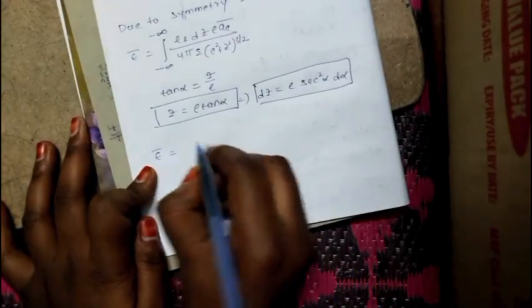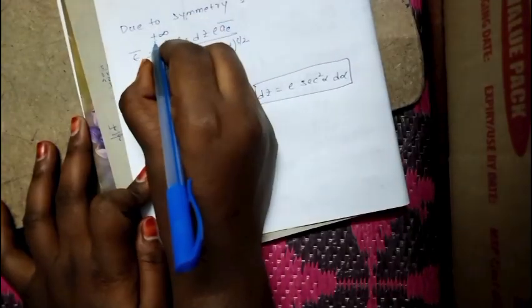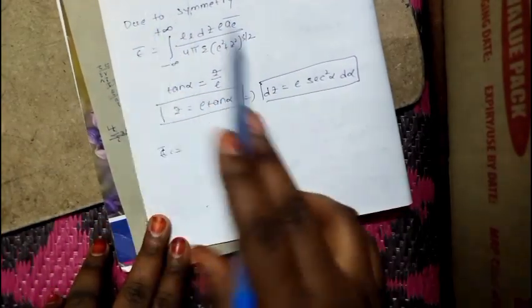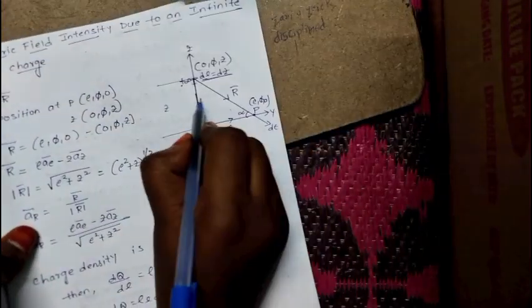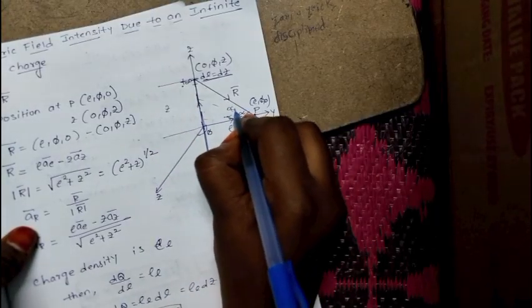E bar is equal to the integral, and also we have minus infinity to plus infinity, and we also have to change this. Alpha is there. We have two limits, alpha 1 and alpha 2.